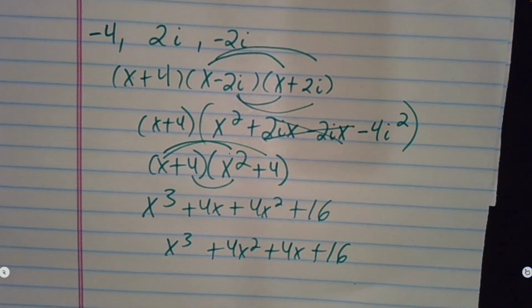Okay, let's see. Find the additional roots. No. Here we go. This one's not bad. It just says, write a polynomial function, and I know that the root is negative 10i.